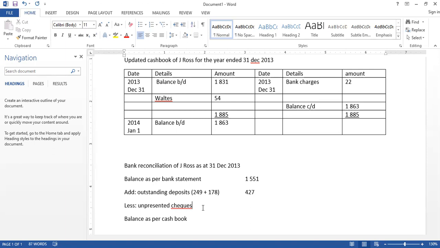That's why it's not appearing on the bank statement, and therefore we need to make an adjustment in our bank reconciliation. So in other words, the amounts that are appearing on the credit side of your cash book and not appearing on the bank statement are known as your unpresented checks. With our unpresented checks, we only have one, which is Rodney of 115. You understand? Yes. Okay. So from there, you do your calculations.